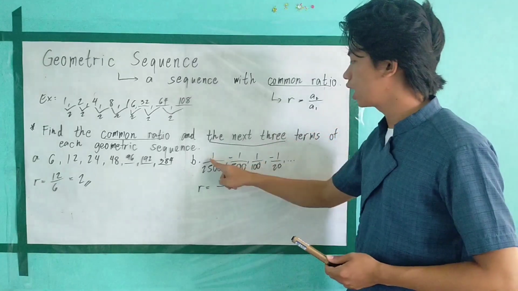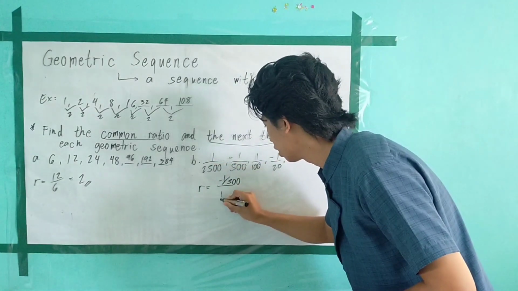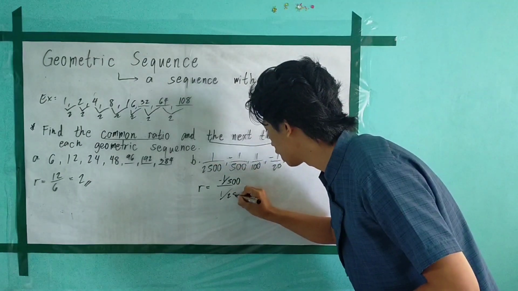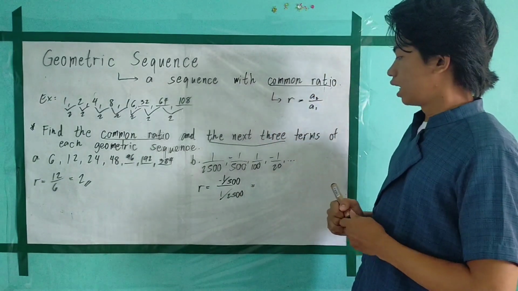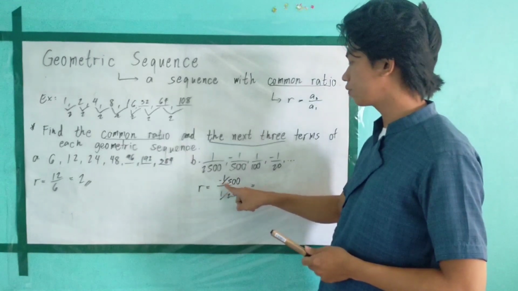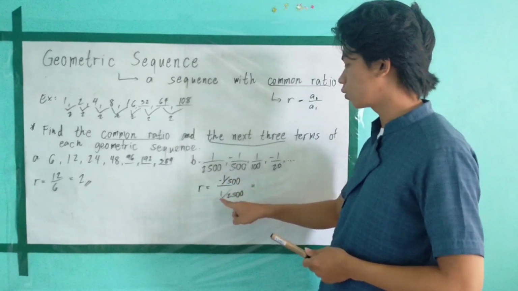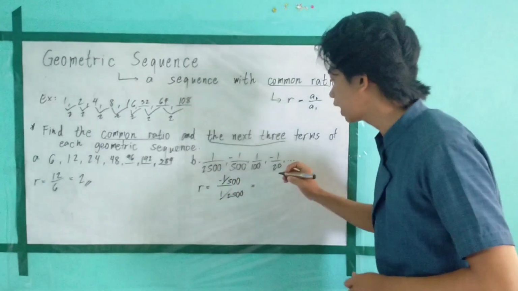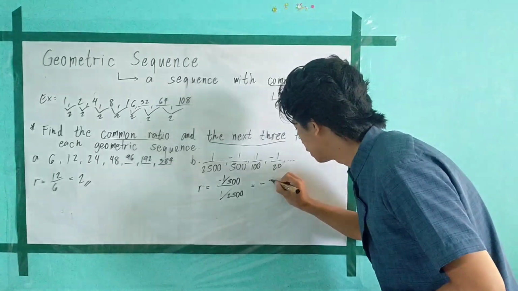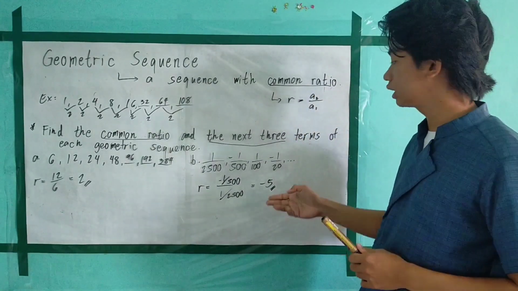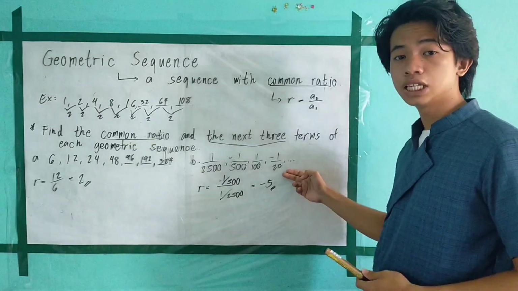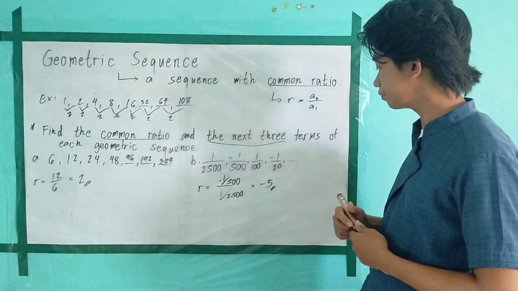Our a sub 1, we have 1 over 2,500. Negative 1 over 500 divided by 1 over 2,500, we have negative 5. So our common ratio is negative 5 in this given problem.